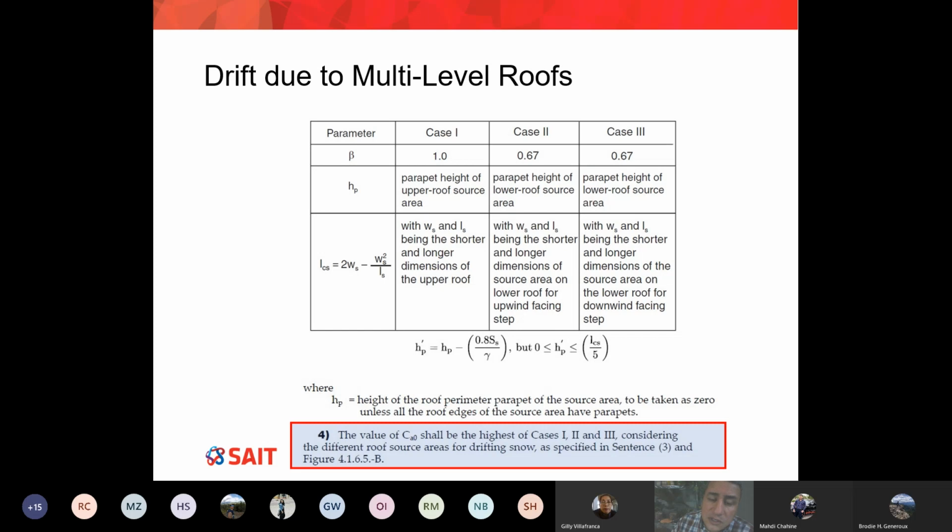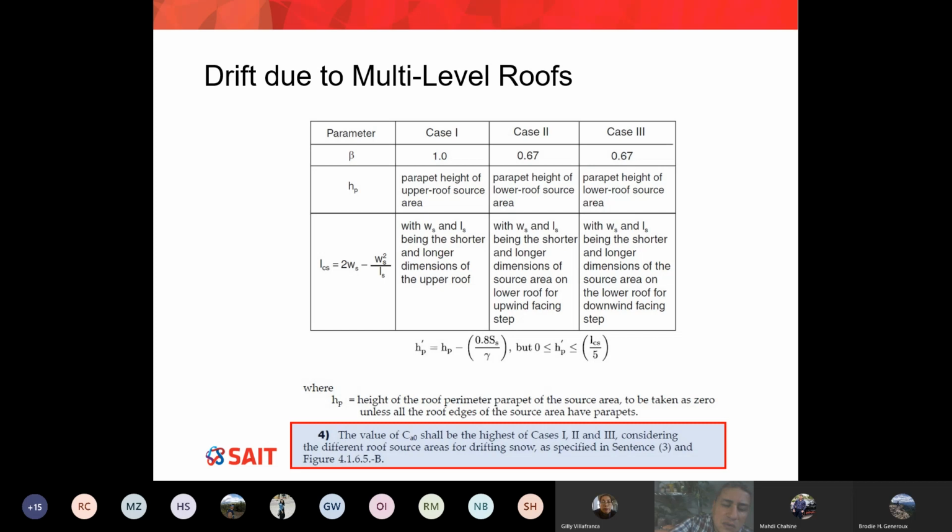It says H prime P should be more than or equal to 0 and less than L_CS over 5. Do you see that? Yeah, I know. Your question before was what happens if it's negative, then you take 0. That's right. And if it exceeds L_CS over 5, then use L_CS over 5. Oh, yeah. So that is your maximum. Yes. Thank you. No problem.